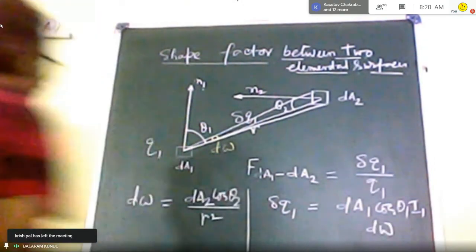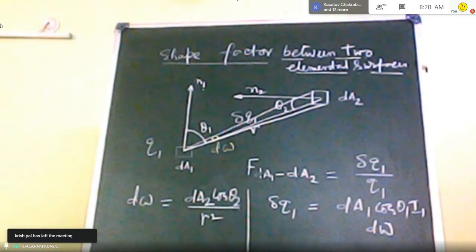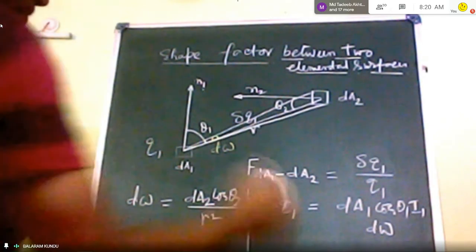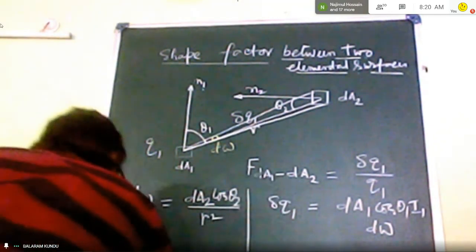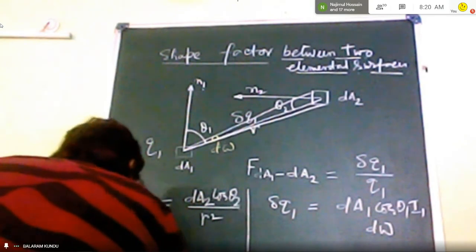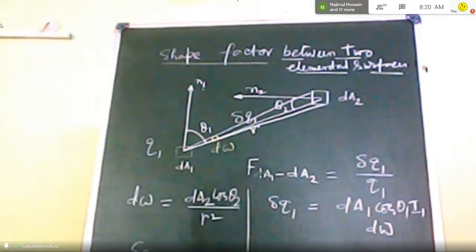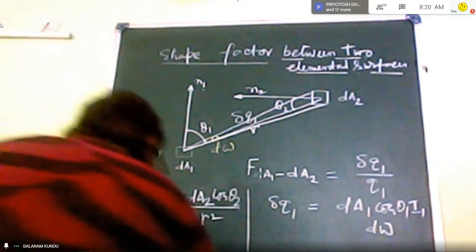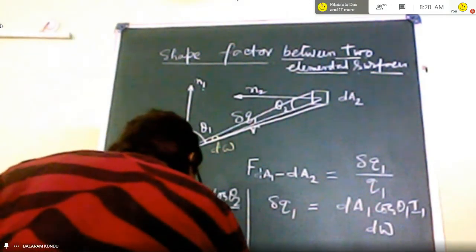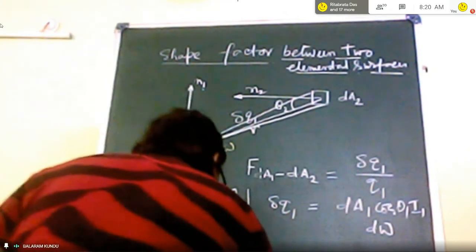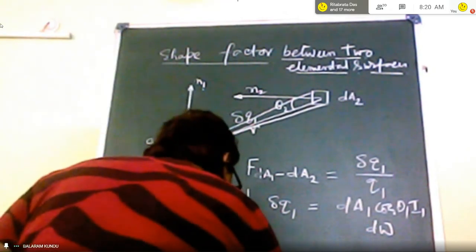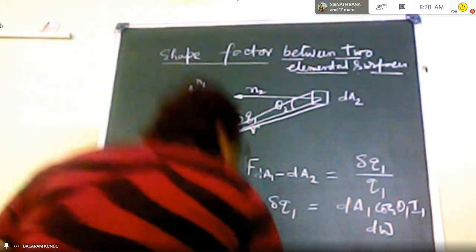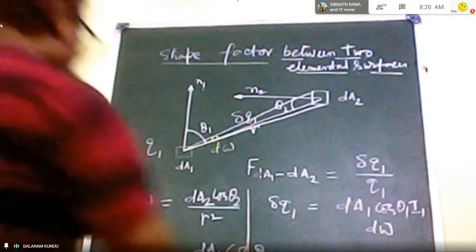That is your d omega. So therefore del Q1, finally we can write, is equal to dA1 into cos of theta1 into I1.